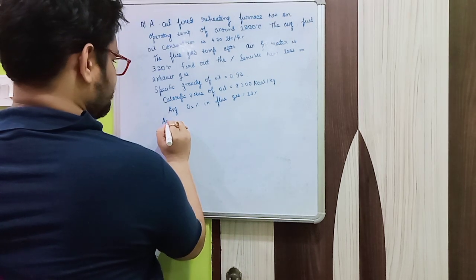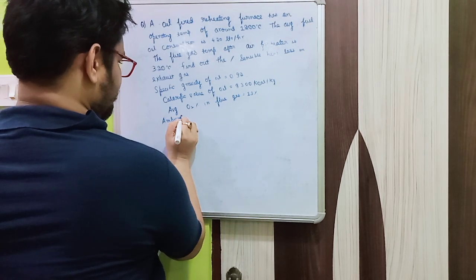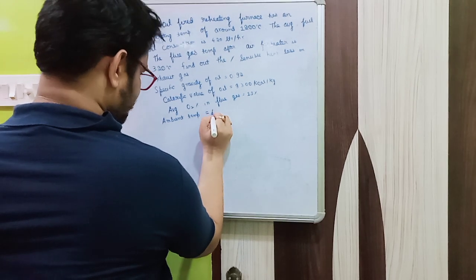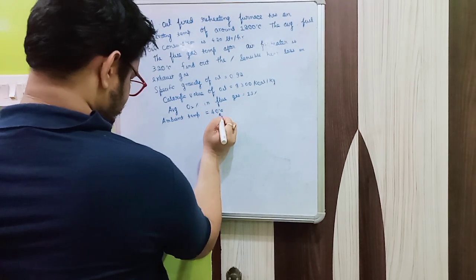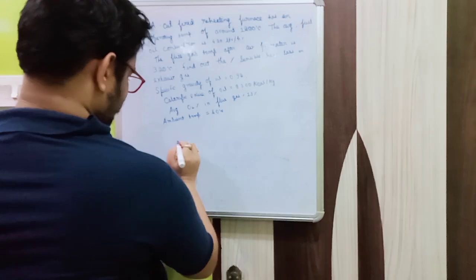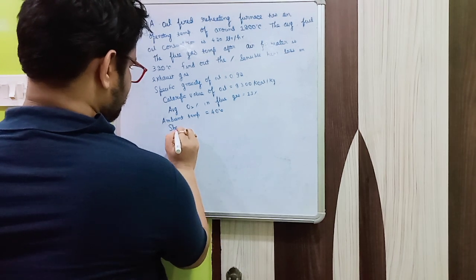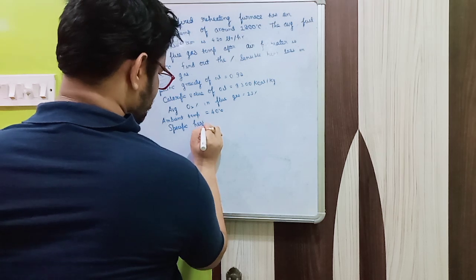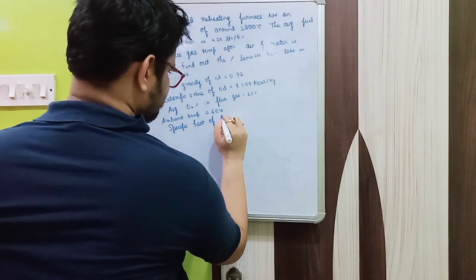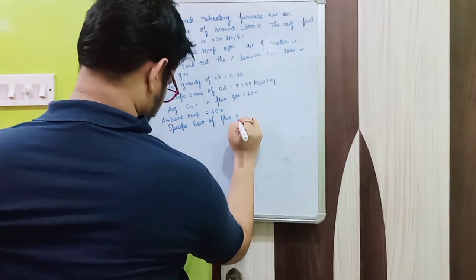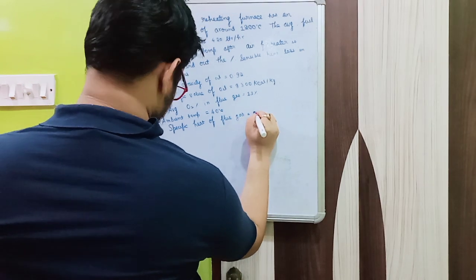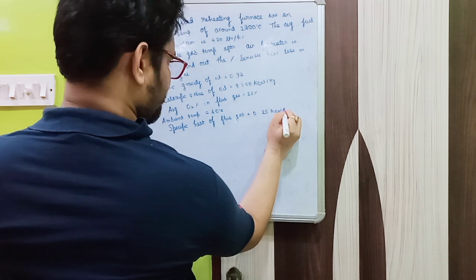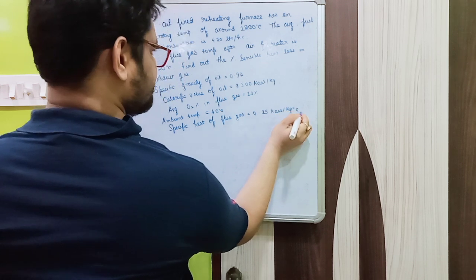Ambient temperature is 40 degrees Celsius. And the other is the specific heat of flue gas, which is 0.25 kilocalorie per kg degree Celsius.